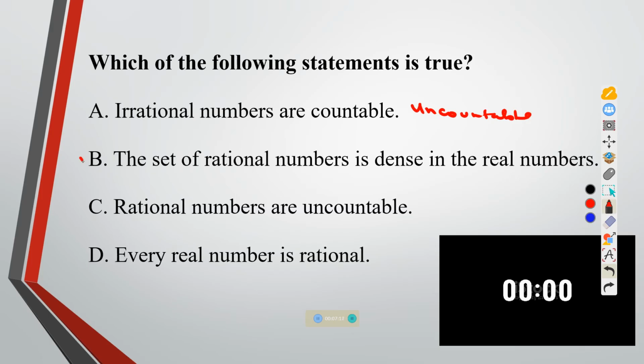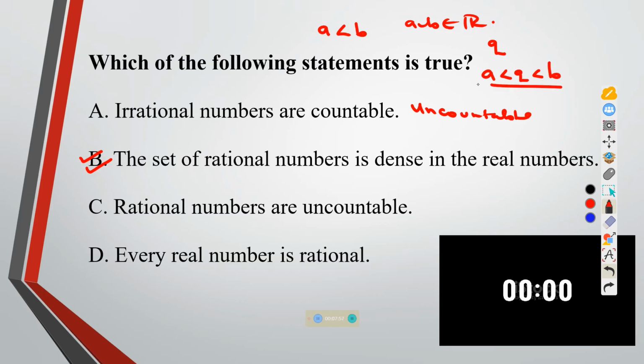This one is true, because between any two distinct real numbers, for example A and B, if A is less than B, then there exists a rational number Q with the property that A is less than Q, which is less than B.